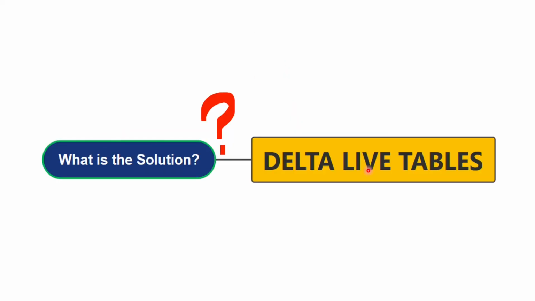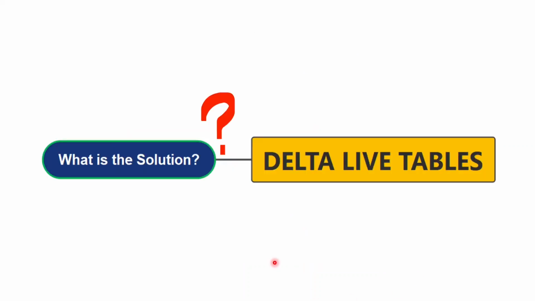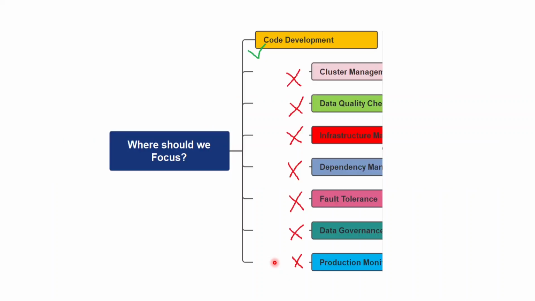So the solution is nothing but Delta Live Tables. Databricks has come up with a framework. Developers can simply use that framework, and with the help of Delta Live Tables, developers can focus only on the code development, and the other processes or components will be taken care of by Delta Live Tables. I'm going to cover all the functionalities through multiple videos.